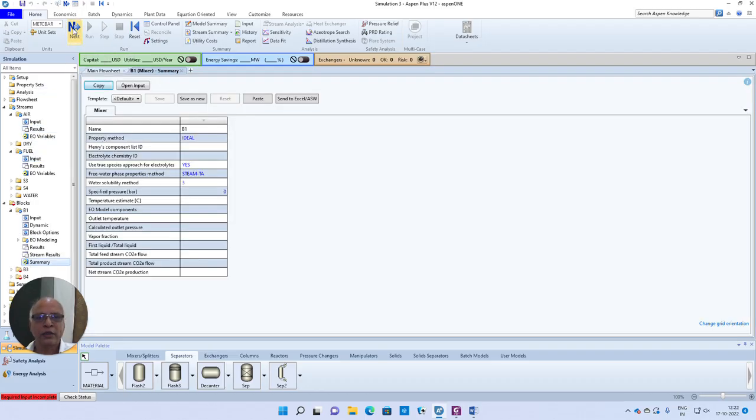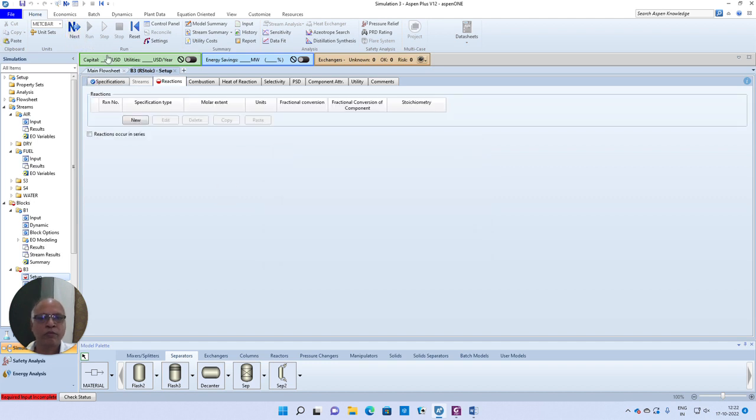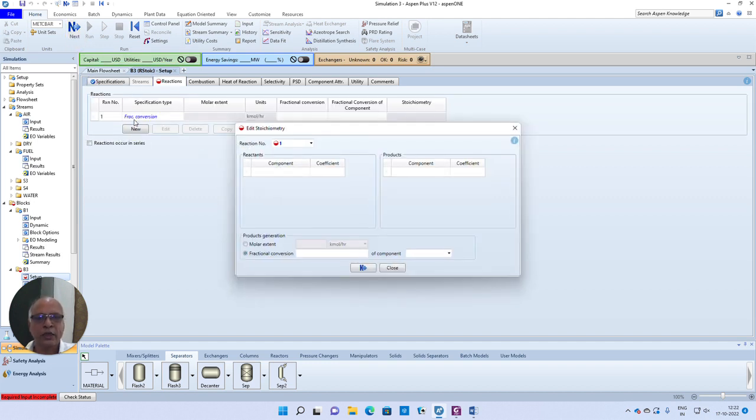Now go to the next. Okay, mixer, nothing is required. Now this is with respect to the reactor. So let us also assume it is entering at 25 and 1 bar. Now the reactions. There are two reactions now.